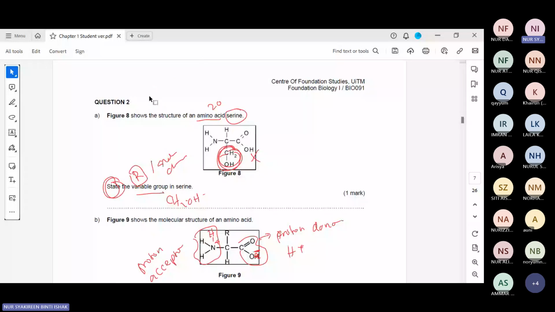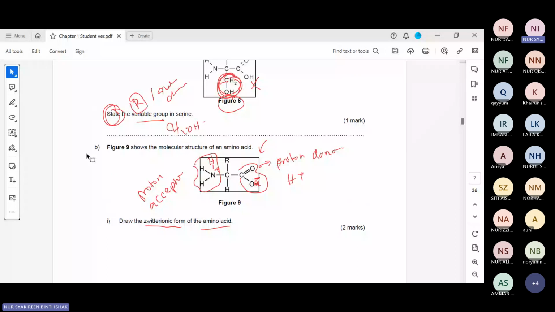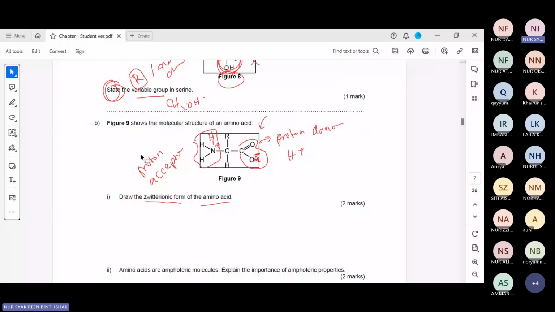So you have to use the information given in the diagram. So soalan 2 ni, dia bagi diagram 8 ni. So you have to refer to the diagram. Same goes to question 9. So question 9 ni kan.